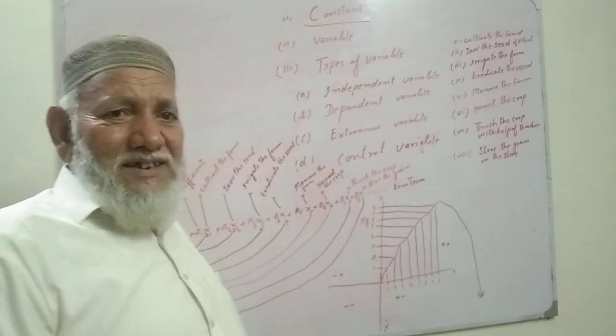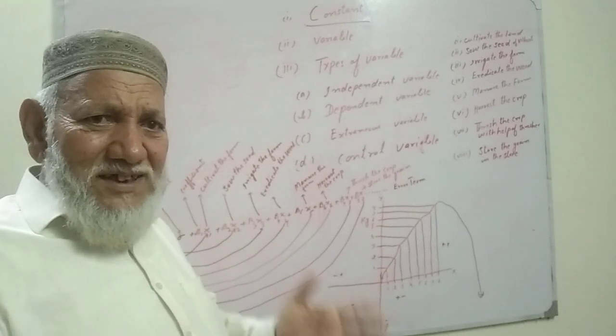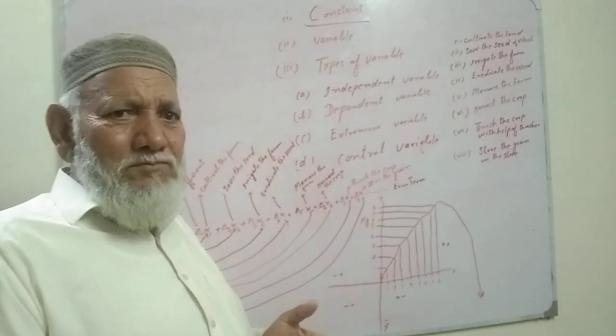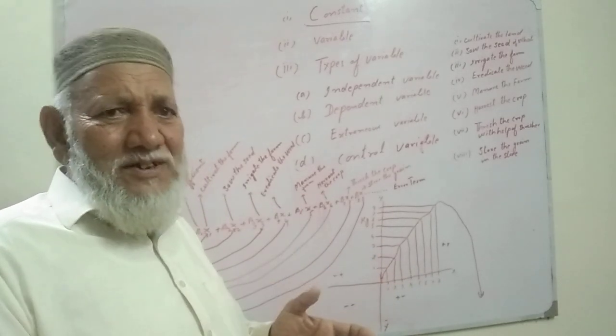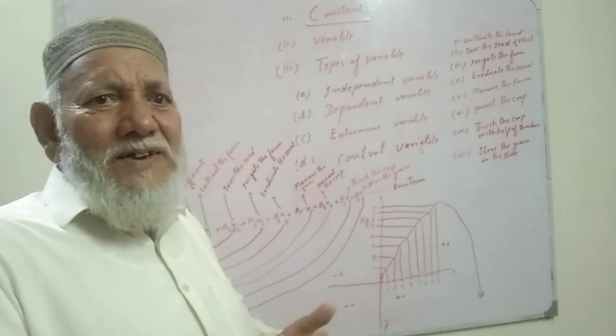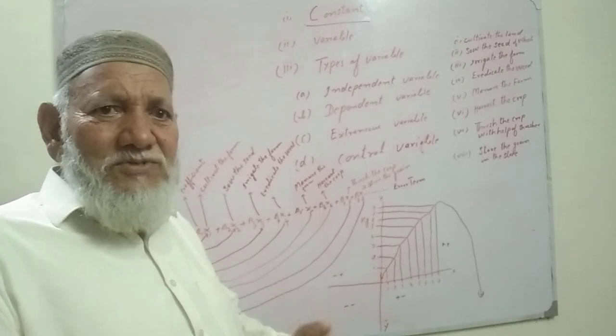Independent variable creates a change in the dependent variable. The example of this is urea. When we put urea into the feed of the wheat crop, automatically they bring a change in the dependent variable. The dependent variable is the output, the wheat grain.